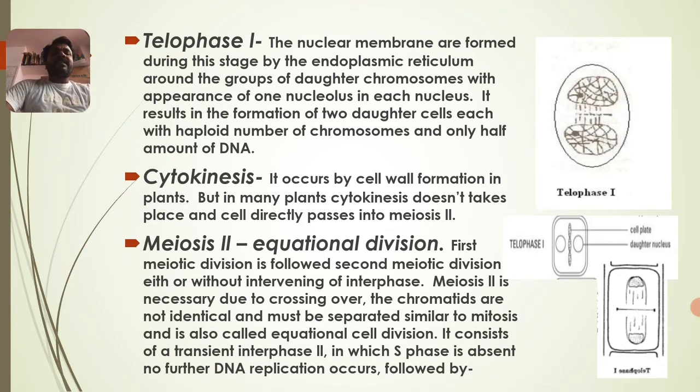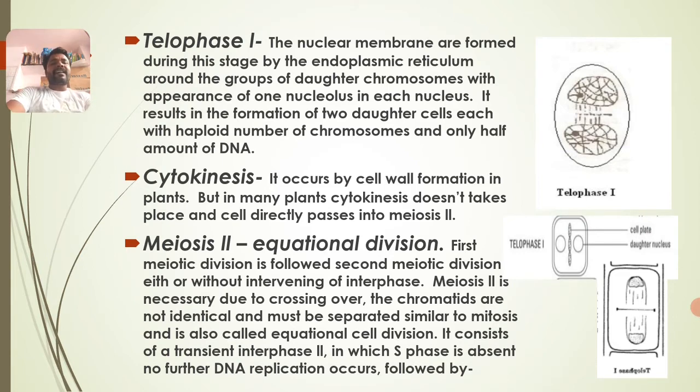The first meiotic division is followed by the second meiotic division, with or without an intervening interphase. Meiosis II is necessary due to crossing over.